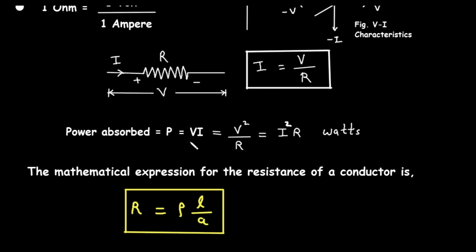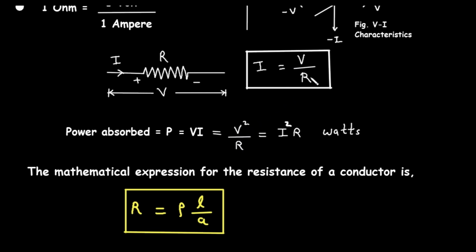So power is equal to voltage into current, and we can also write the formula for power as V square divided by R, or as I square into R. We can generate these formulas by using the relationship that current is equal to voltage upon resistance. If we put I is equal to V by R, then we get this formula.